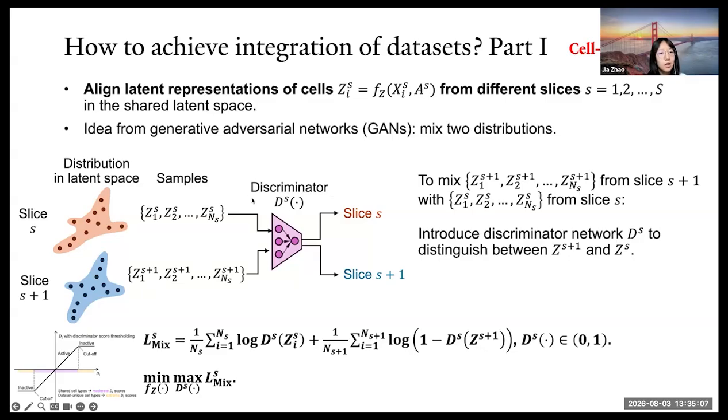This means that we will only supervise the mixing of those shared components, but will leave the additional specific population as it is. So here is how we can achieve the cell level alignment.